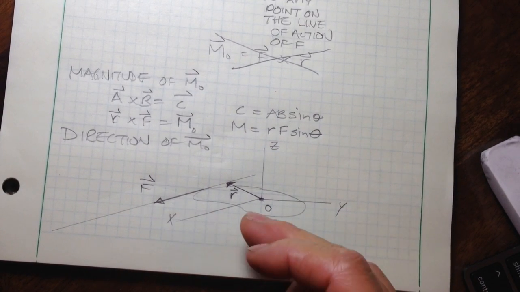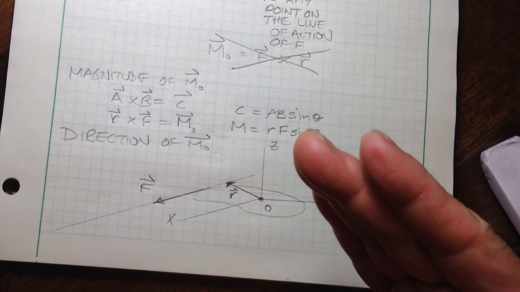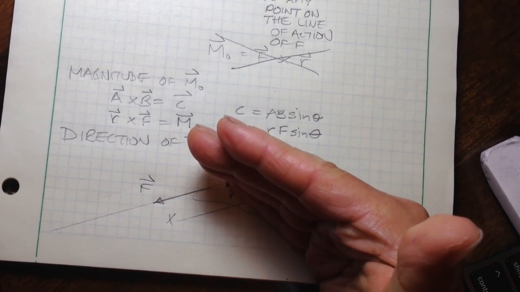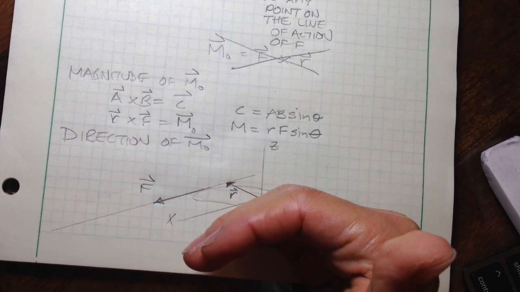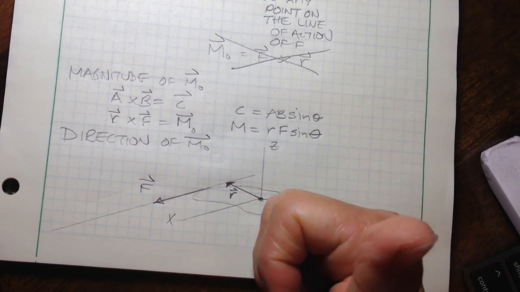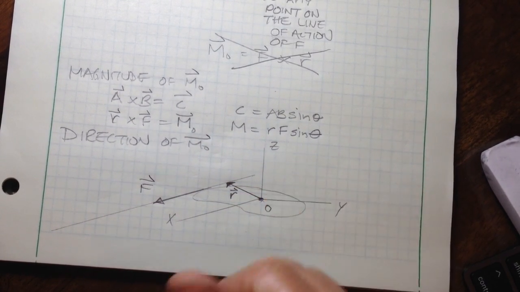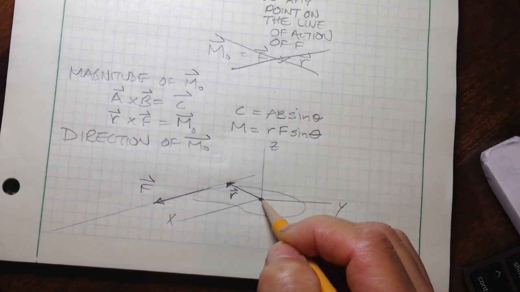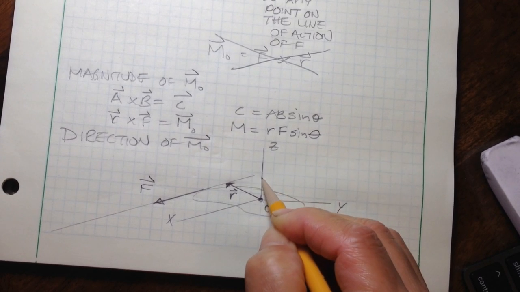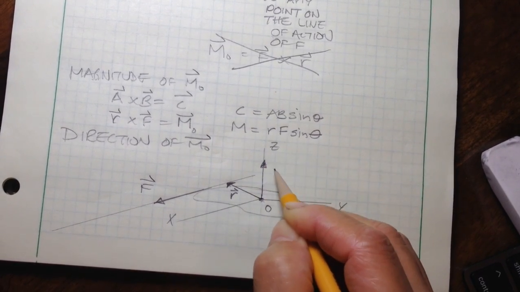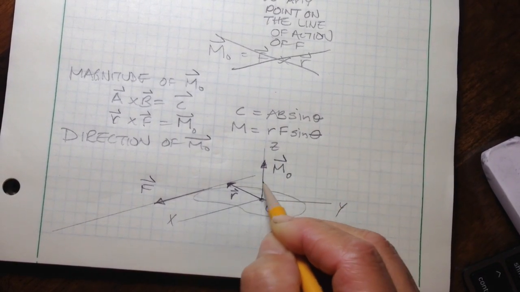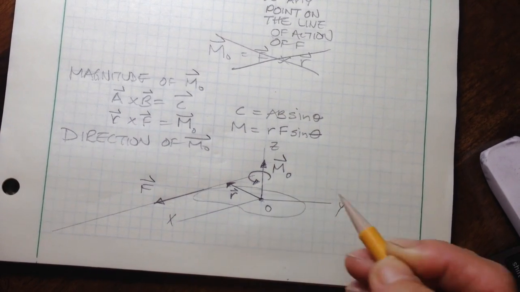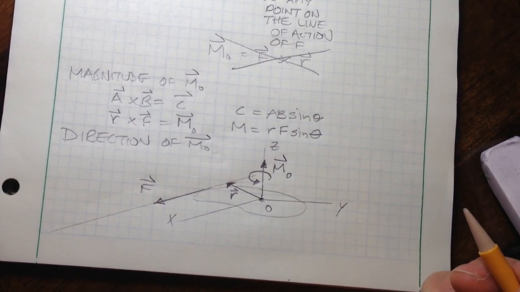Again, R cross F means you take your fingers, put them in the direction of that position vector, sweep your fingers in the direction of the force vector, and the thumb indicates the direction of your moment vector. So in this case, our moment vector points upwards, and it has a counterclockwise rotation.